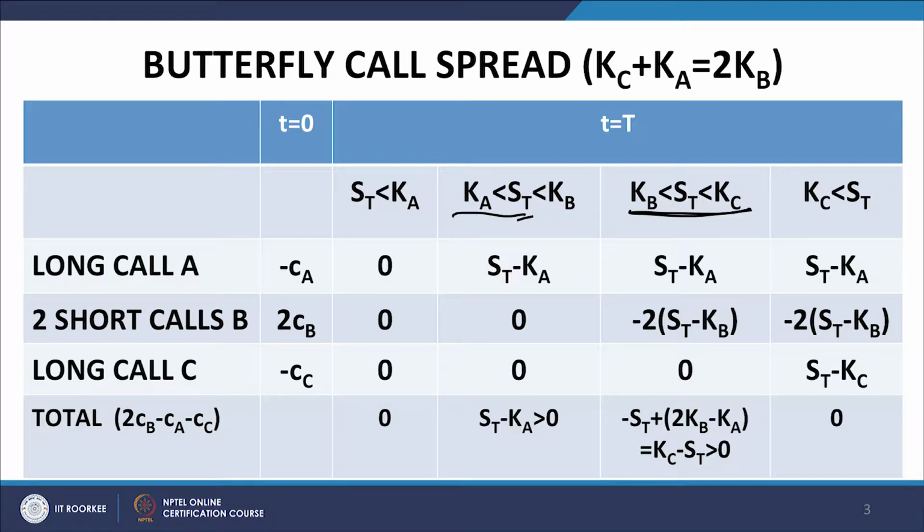What does that mean for the cost? That means that the cost of setting up this strategy must be either 0 or greater than 0. In other words, you can also put it this way, the cash flows have to be negative at this point t equal to 0, because the expected cash flows at this point are either 0 or greater than 0, depending on the probability distribution that we attach to the STs.